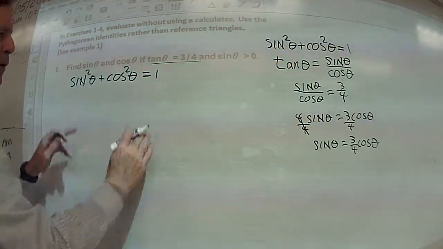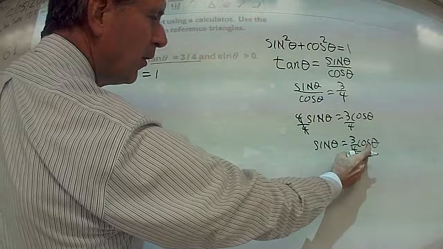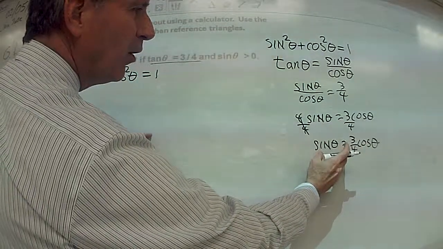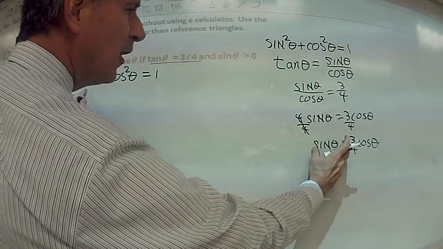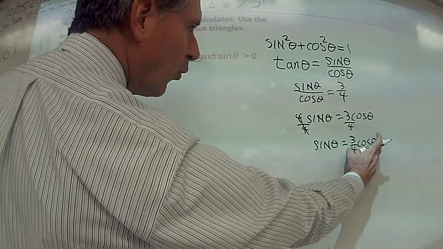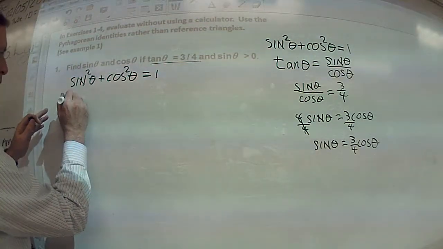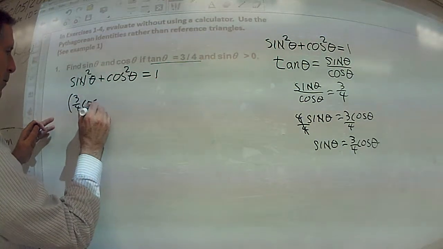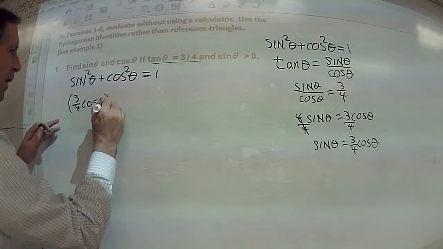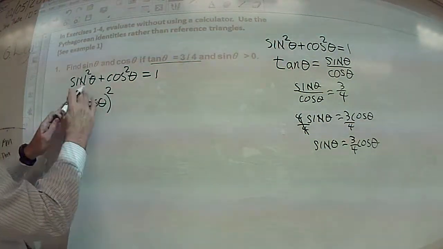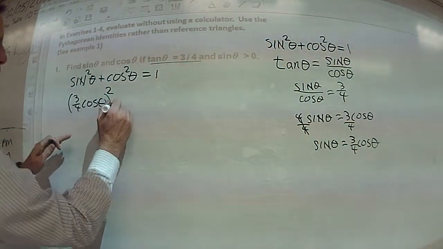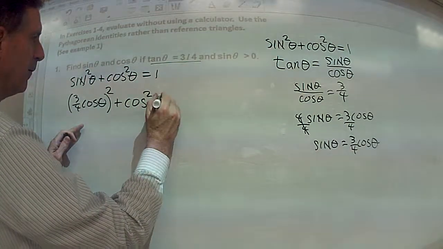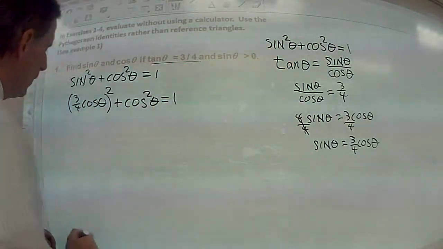But substituting to get one unknown, we replace sine theta with 3/4 cosine theta, and I'm going to put squared on the outside, meaning that everything is squared, and that's what this notation is. And we bring down the cosine squared theta equals 1.